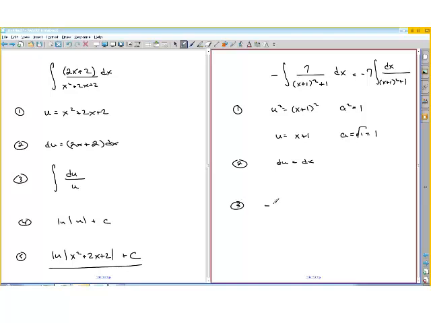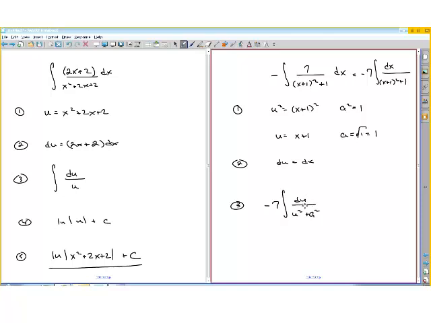Okay, so now we do the substitution. We have negative 7 times the integral of dx, which is just du from step 2, divided by u squared, since (x + 1) squared is u squared, plus a squared, since 1 is a squared.